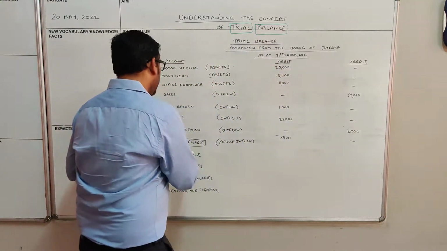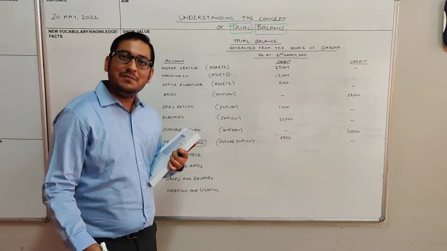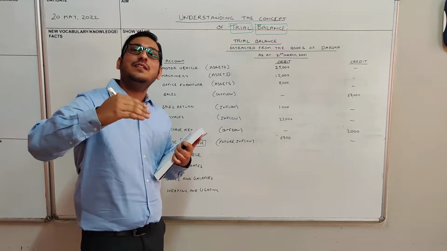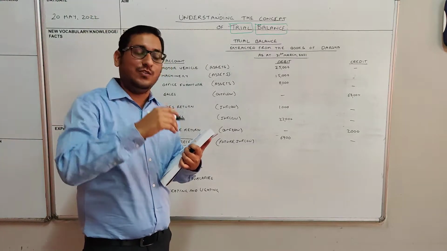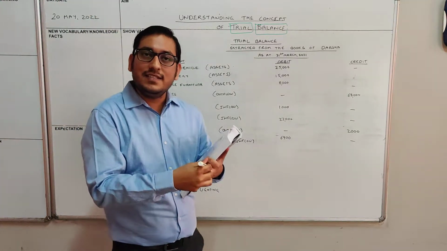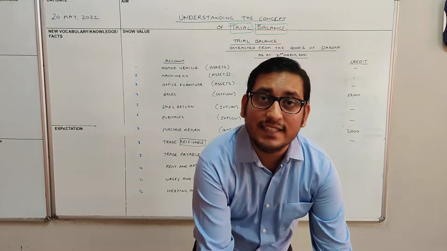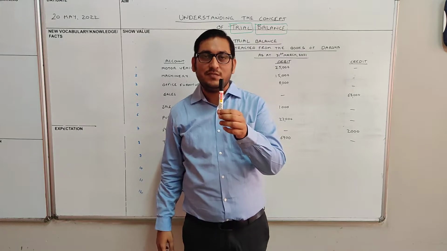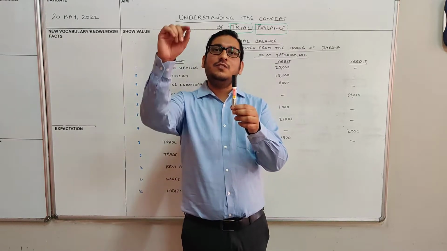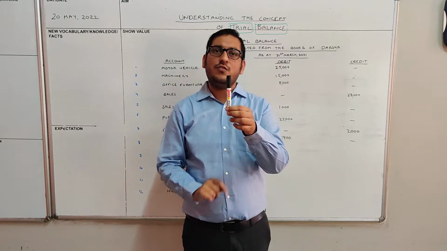Now, trade payable. If trade receivable is a future inflow, trade payable means a future outflow. For example, if I sold goods to Mr. Jitu, what entry will I make? Mr. Jitu account debit, sales account credit.